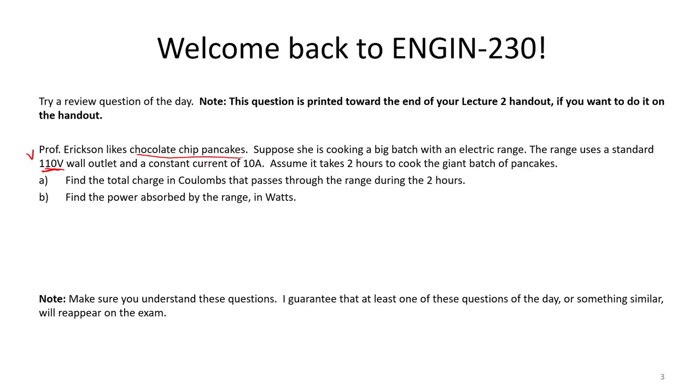Notice we've got a voltage and a constant current given. We assume it takes 2 hours to cook that giant batch of pancakes. The first part asks to find the total charge in coulombs that passes through the range. The second part asks to find the power absorbed in watts.